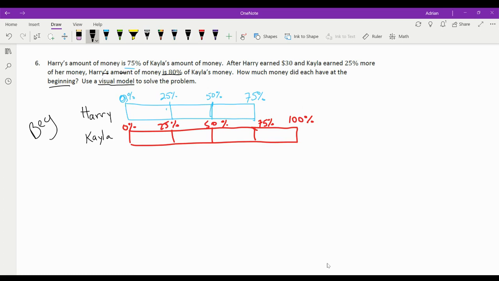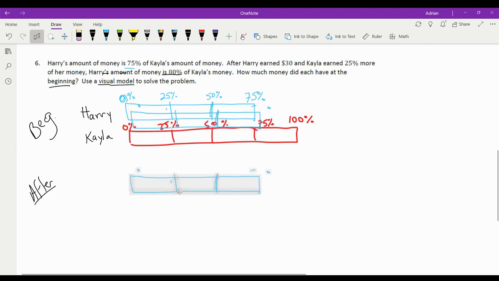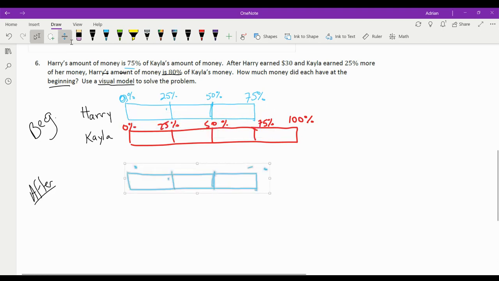And so after, we're going to use the same tape diagrams. Let's see if I can actually do this. Why wouldn't it let me do what I wanted to do?